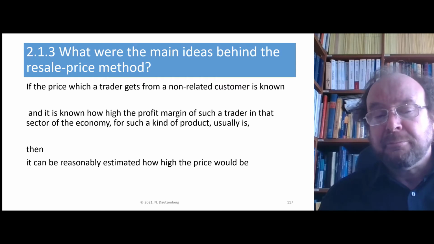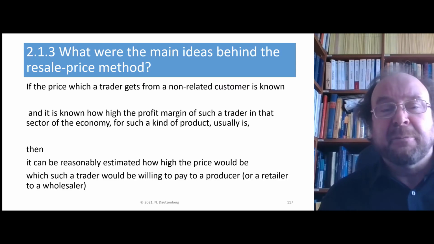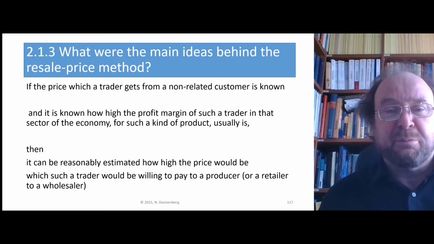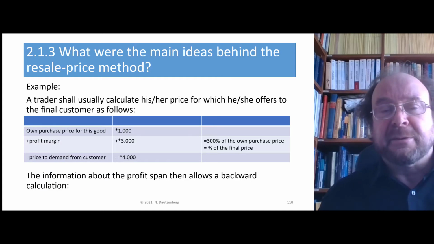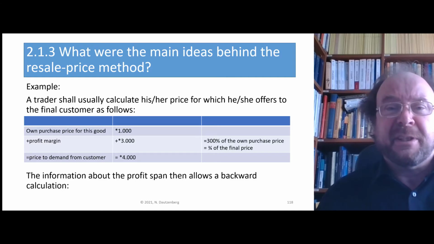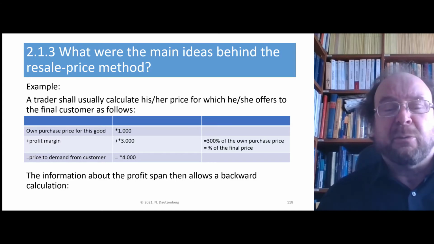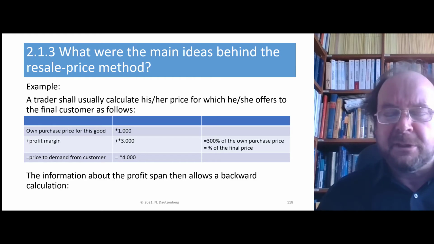So that is how you can get an estimate for the price between producer and trader if both are related parties. So to illustrate that by an example, if you know the trader can sell the finished product for 1,000 to an outsider, and the usual profit margin, no, sorry, I was distracted.